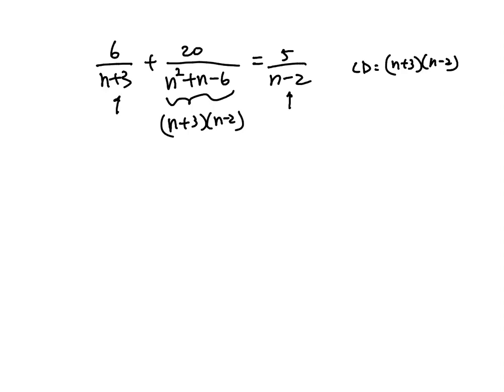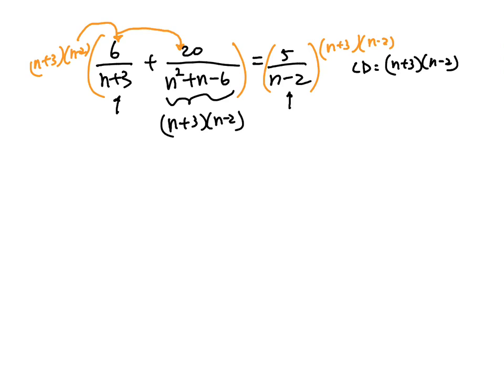And we're going to multiply that on both sides. Okay, now on the left hand side, I'm going to distribute the n plus 3 times n minus 2 into both fractions.